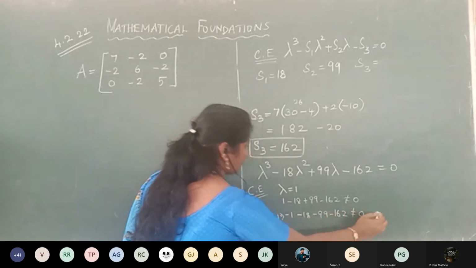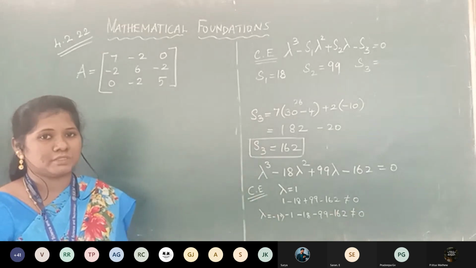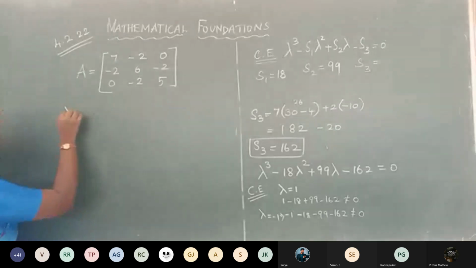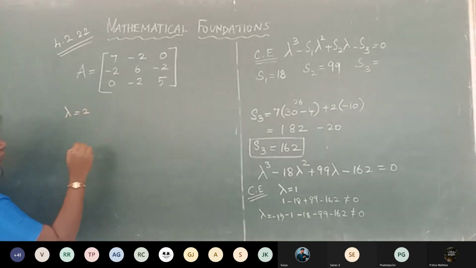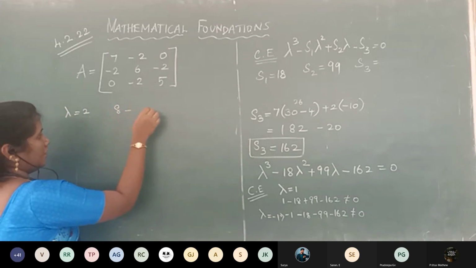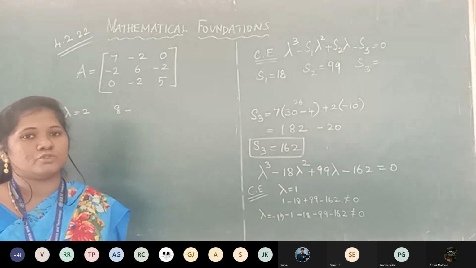So this is also not equal to 0. To find the value for your synthetic division, we can try like this. Similarly, for lambda equal to 2, substitute in that equation, multiply and see whether it is equal to 0. If it is equal to 0, start with 2.